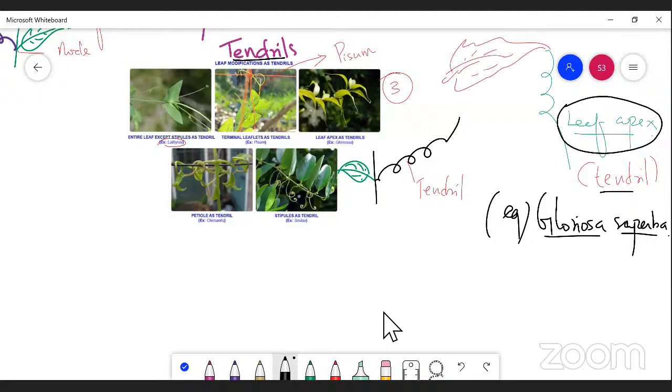So here we have discussed the different types of tendrils. The entire leaf is modified into a coil-like structure in some cases, for which I have given the example Lathyrus aphaca.